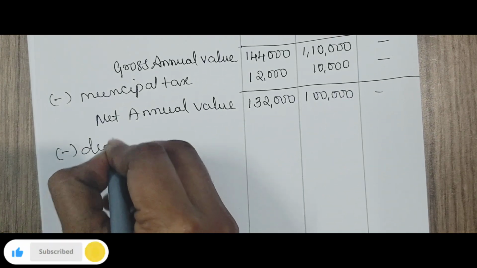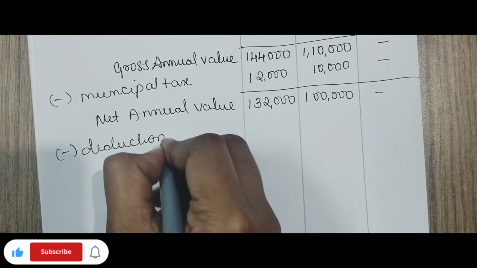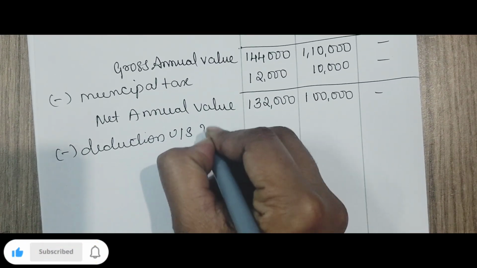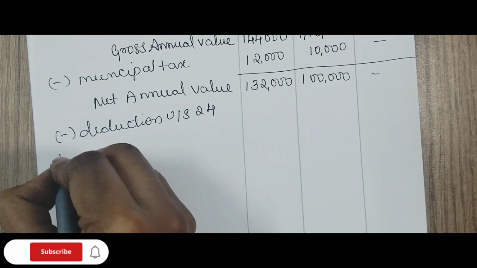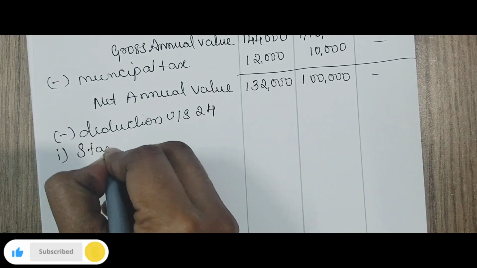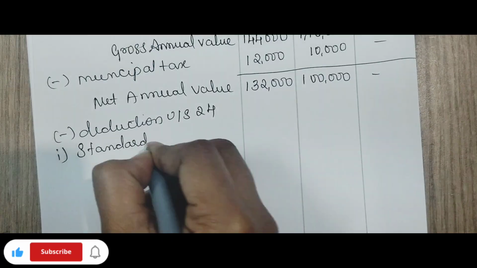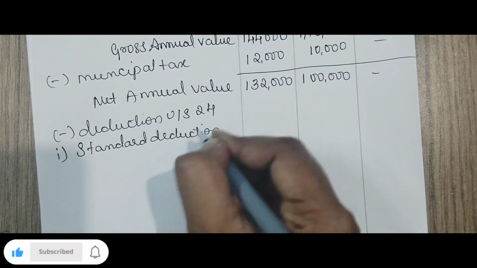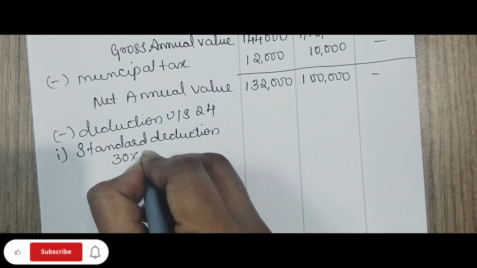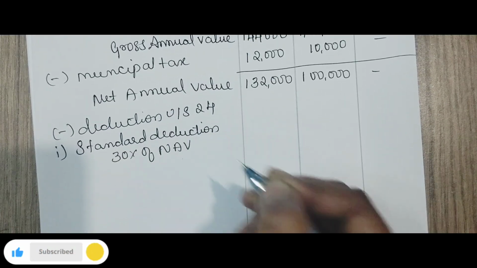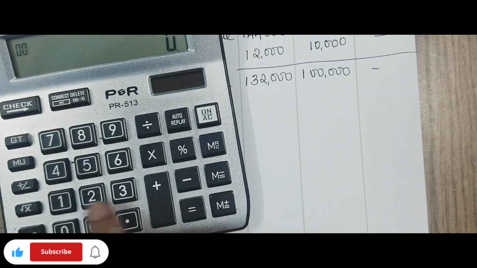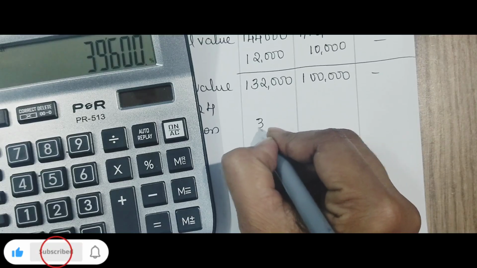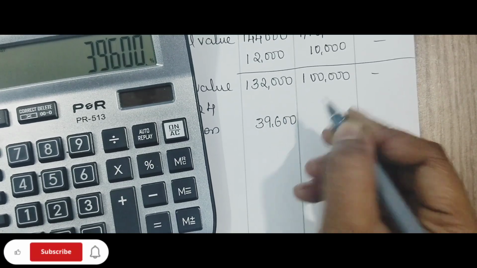Less: deductions under section 24. The first deduction is the standard deduction, 30% of NAV, the net annual value. On 1,32,000, 30% is 39,600.